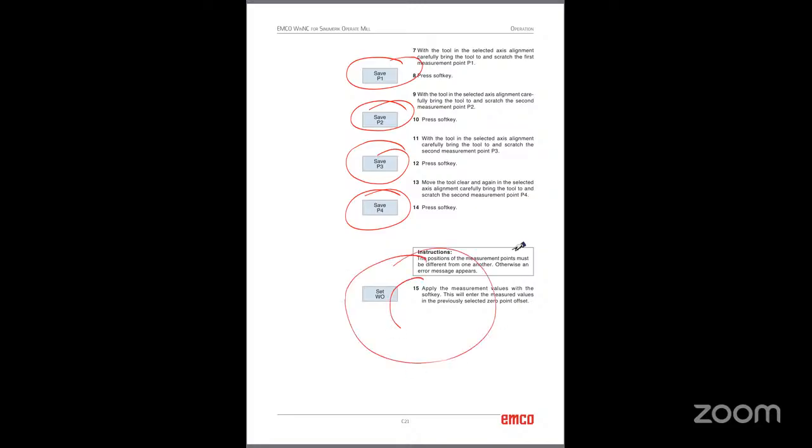Suppose there is a circle like this. So here P1 will be here, then P2, P3, and P4. The machine will use these 4 points to calculate the center of this circle and the diameter of this circle.